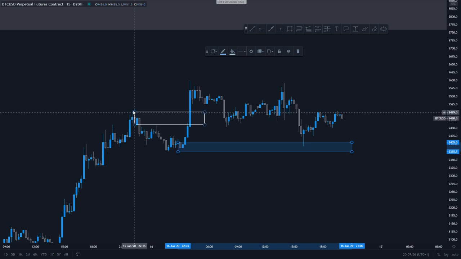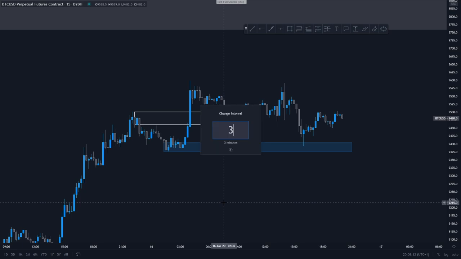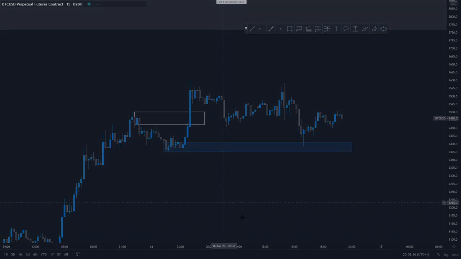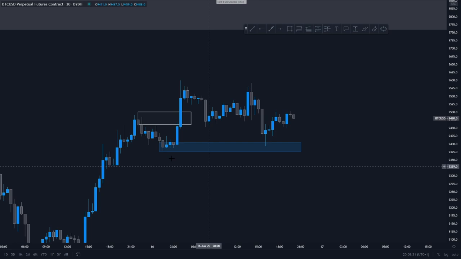This is basically a drop base rally, and we can now mark this basing zone. You can also switch to one time frame higher or lower, guys, to see if this zone is maybe a bullish engulfing on the higher time frame or lower time frame.